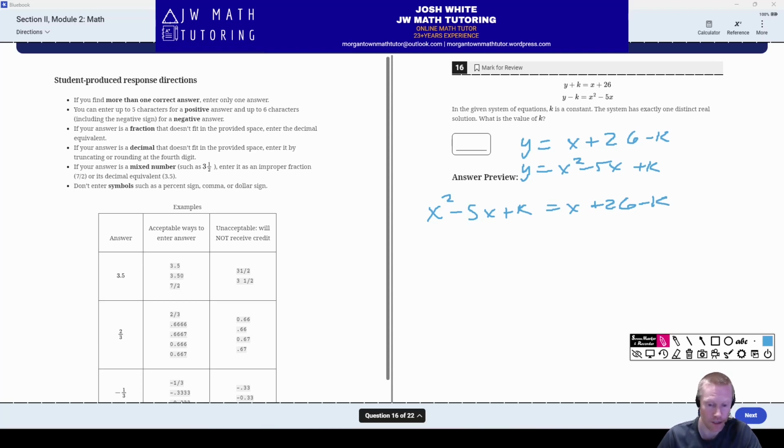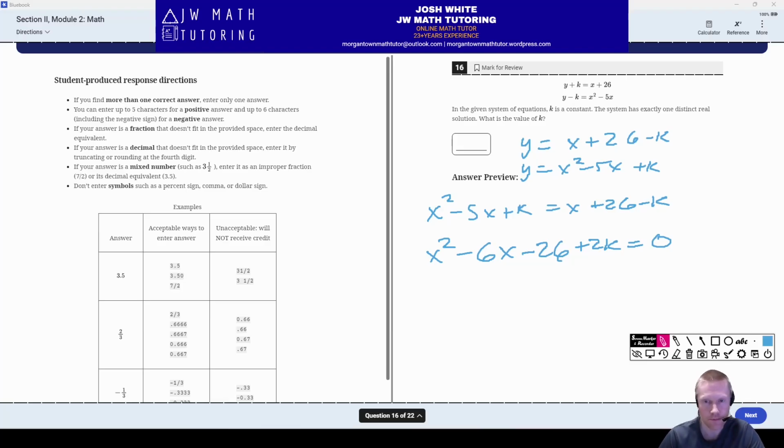All right, to get basically one real solution, I'm going to set this equal to 0 first. So I'm going to move everything over to the left. That's going to give me x squared minus 6x, and then, just make sure I have this right, minus 26 and then plus 2k equals 0. Now, at this point, there are technically two ways you could do this.